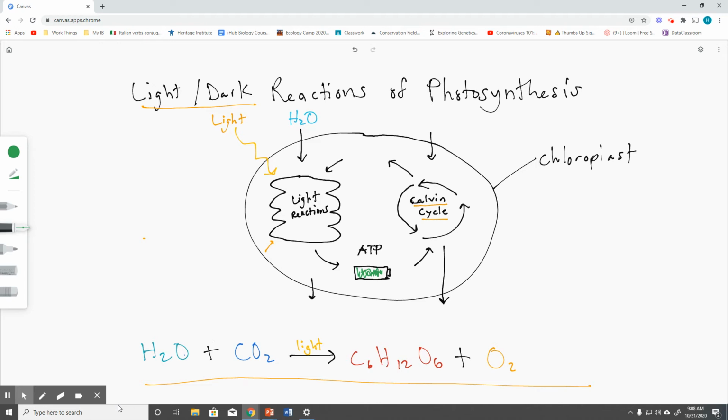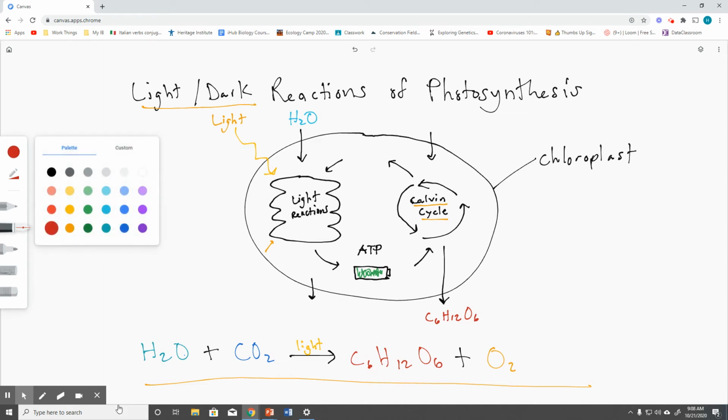And what's going to happen at the Calvin cycle, this is really the whole goal of photosynthesis, is to make glucose. Okay, so that is C6H12O6. All right, so we don't make glucose out of nothing, though. We're going to make it out of carbon dioxide. And so carbon dioxide, what color did I make that?